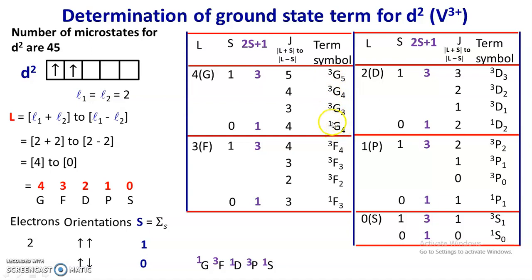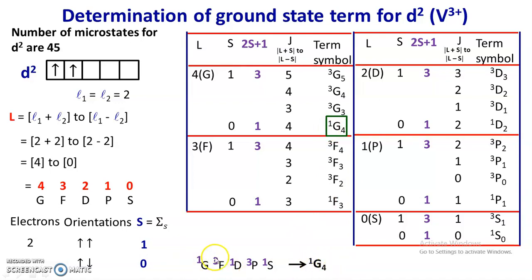Only the G term with singlet is allowed, and therefore from the ¹G term the corresponding term symbol is ¹G₄. So the ¹G₄ term symbol is allowed.